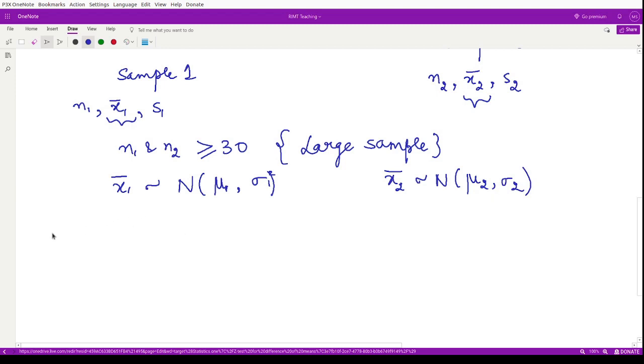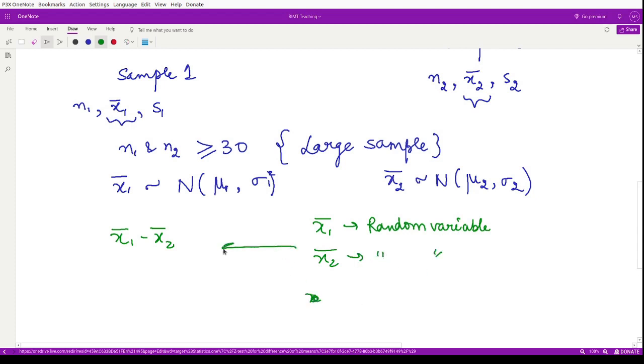Now we will define another variable, which is x1 bar minus x2 bar. If x1 bar is a random variable and x2 bar is another random variable, the difference would also be a random variable following the normal distribution.